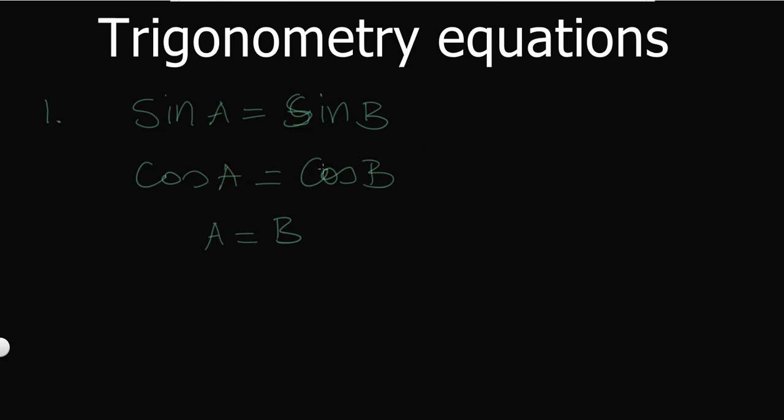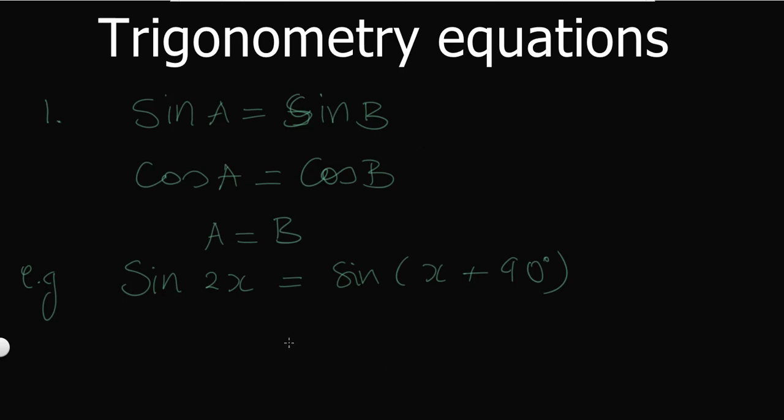Now, most of these questions you will see when you're solving a trigonometry graph. Okay, so we can have a graph of a trigonometry. For example, we have sine 2x equal to sine of x plus 90 degrees.